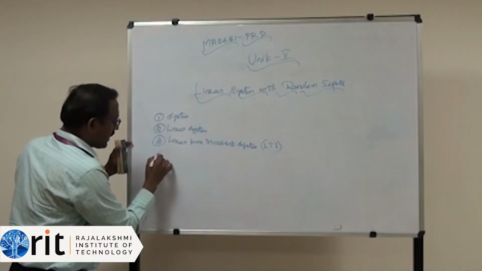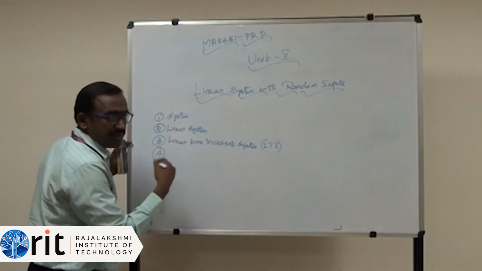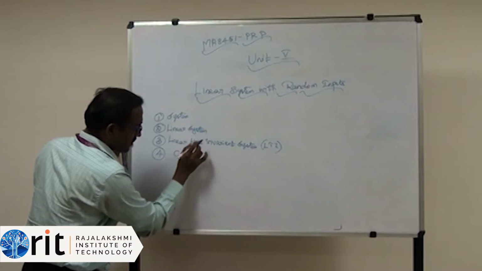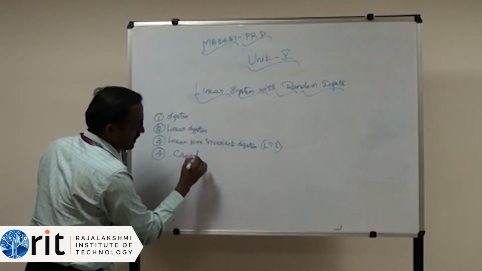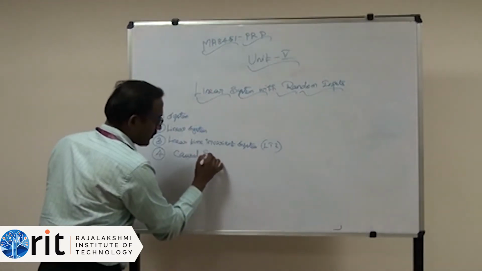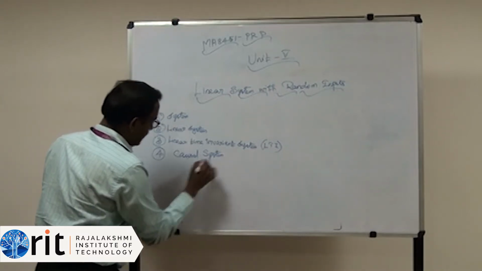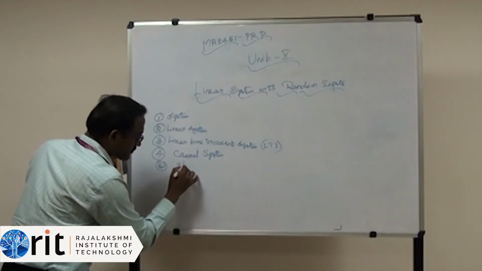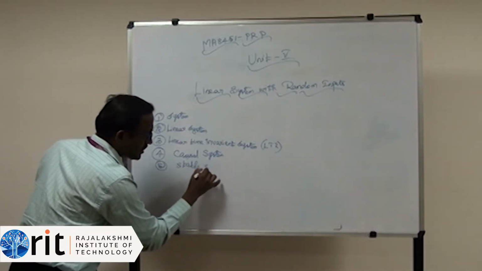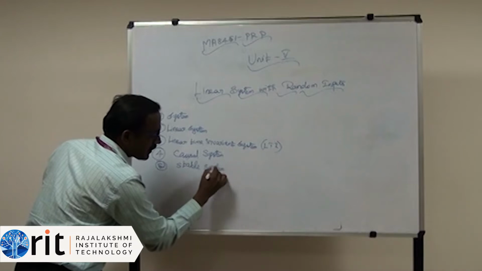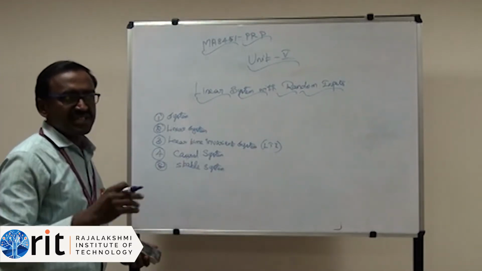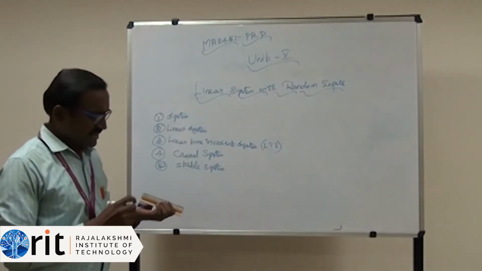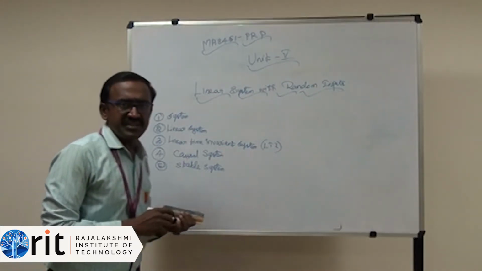And fourth, what do you mean by a causal system? And fifth, what is a stable system? And then the next one, the relationship between the input and output functions. So these are the things we are going to see today.